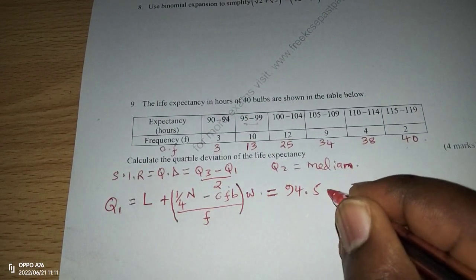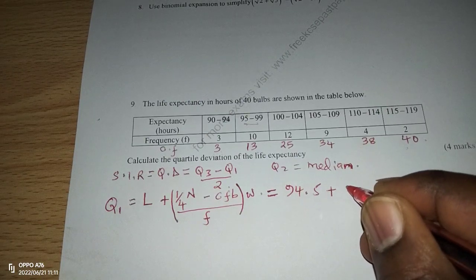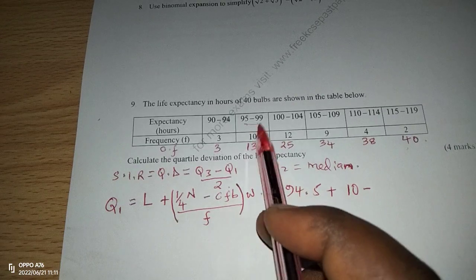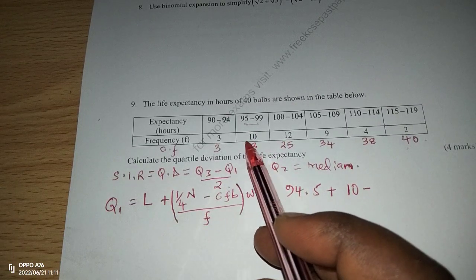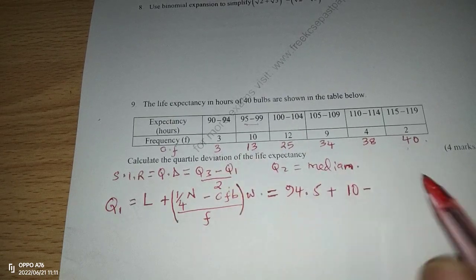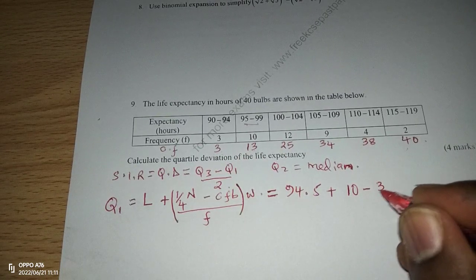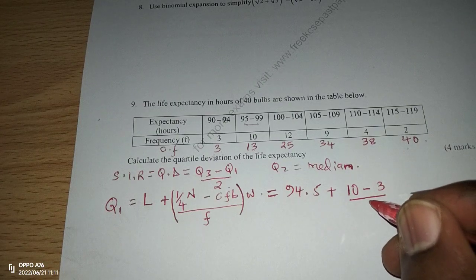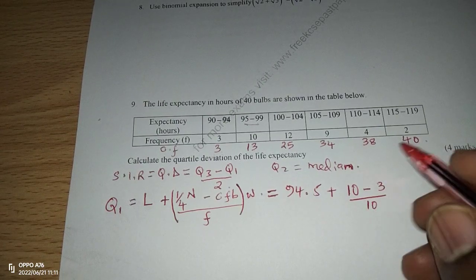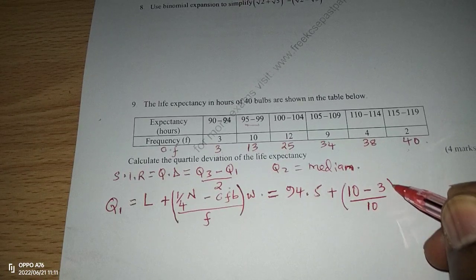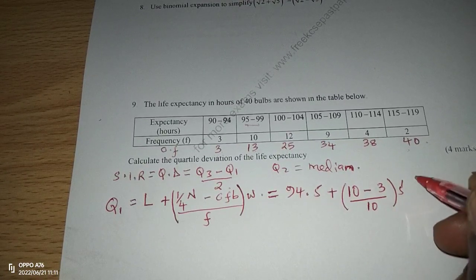So 94.5, then we add a quarter of the data, which is 10, minus the cumulative frequency just before this class. The cumulative frequency of the class is 13, but just before the class, we got 3. Then we divide by the frequency of the class, which is 10, and multiply by the class length, which is 5 in this case.